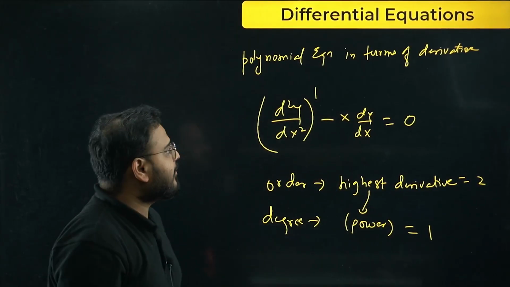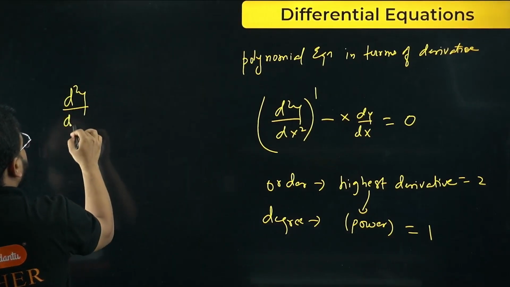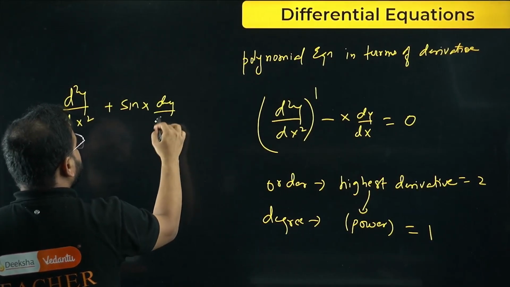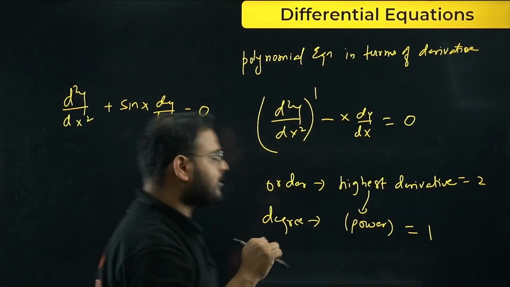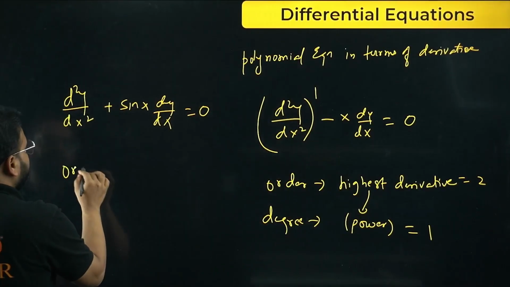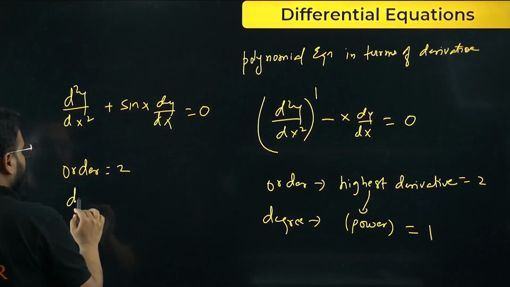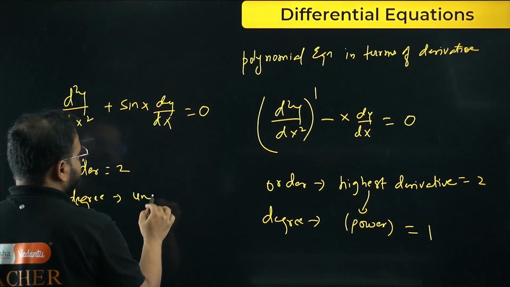One more thing, if you have an equation like this, let's say d square y upon dx square plus sin x dy by dx equals 0, then for this equation we can write the order as 2. What about degree? Degree will be undefined.